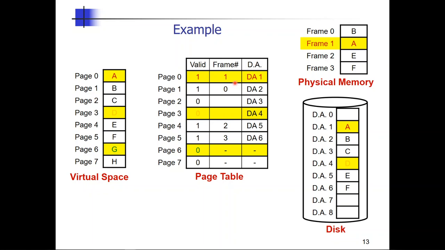So let's see what happens when we try to access page 0, for example. Page 0, which is marked by A, when we look up the page table for the translation, has a valid bit of 1, and the information we are trying to access is in frame 1. That frame 1 corresponds to the same marking, A.